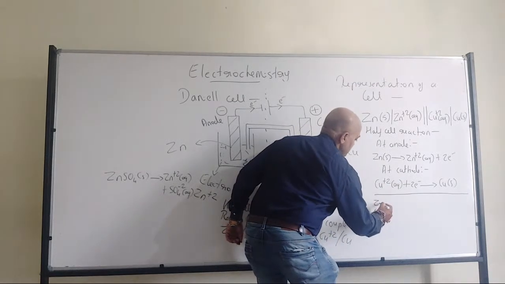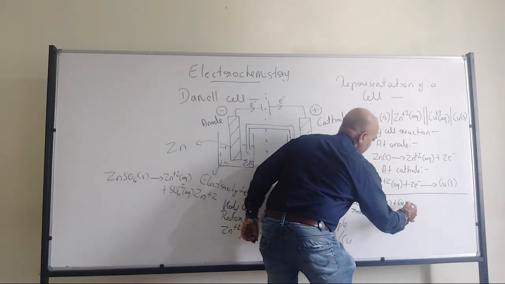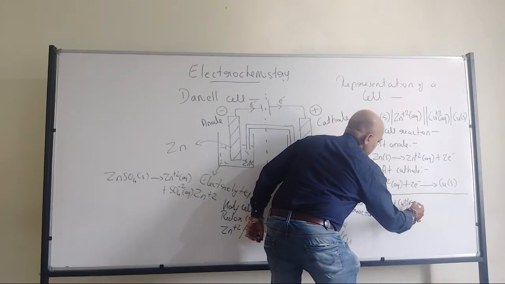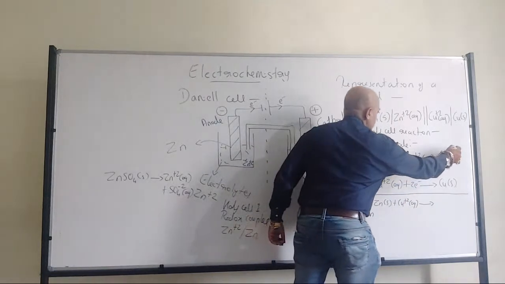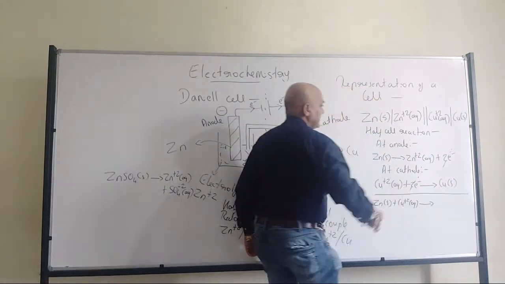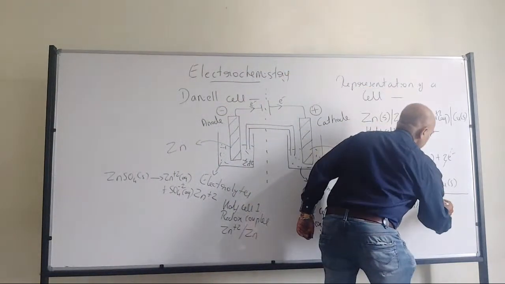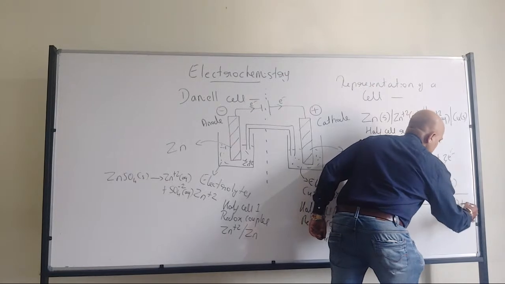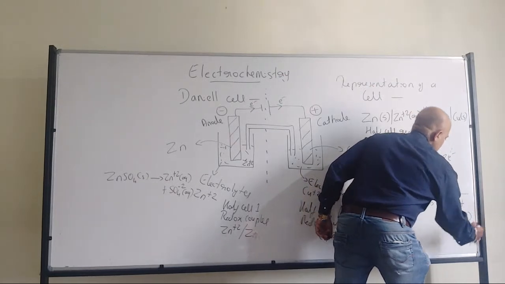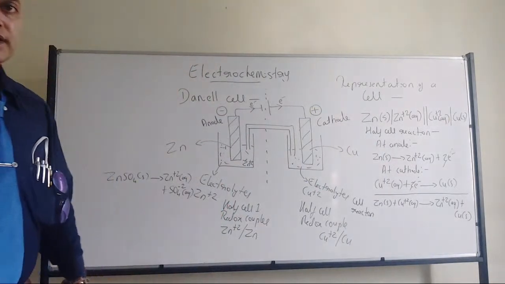We have zinc, which is solid, then we have Cu2+, which is aqueous. In the product, because the two electrons are equal and opposite in the equation, they will get cancelled. So on the other side, it will become Zn2+ aqueous and copper as the solid. So this is called a cell reaction.